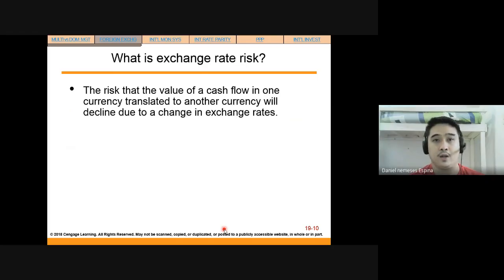In the Philippines we have relatives that are working outside. For example, if they are working in the US, if the Philippine peso is stronger than the US dollar, the value of $1 becomes lesser compared to yesterday. Let's say yesterday we had 45 pesos per $1, today we have 44.